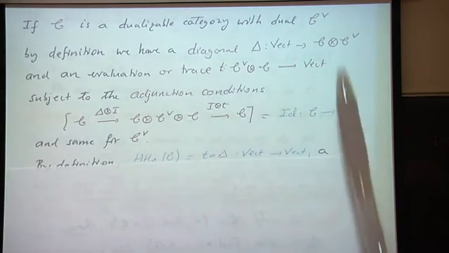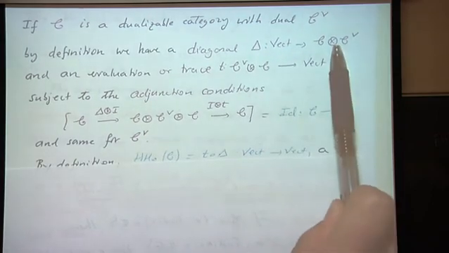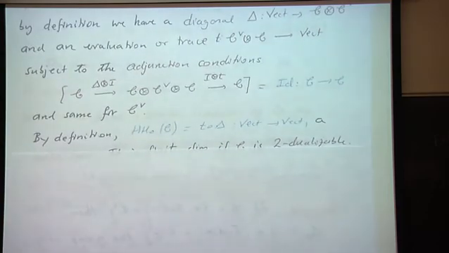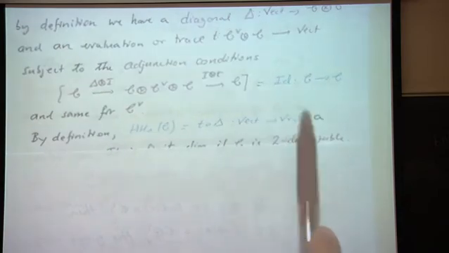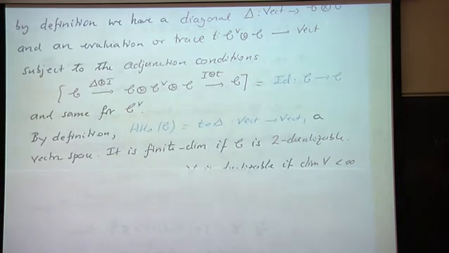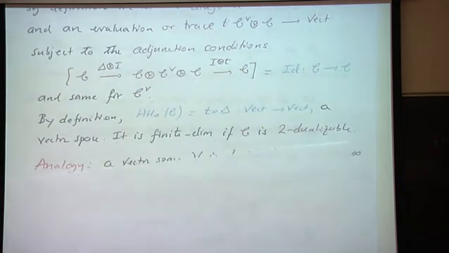And if you replace C by V and think of it as a vector space and write delta for the identity and for this the pairing, this is exactly right, just repeating the symbol. And given that, by definition, the Hochschild homology is the composition of the trace with the diagonal. That's a functor from Vect to Vect, so it's tensoring with a vector space. And if C is two-dualizable, it follows that it's finite dimensional.